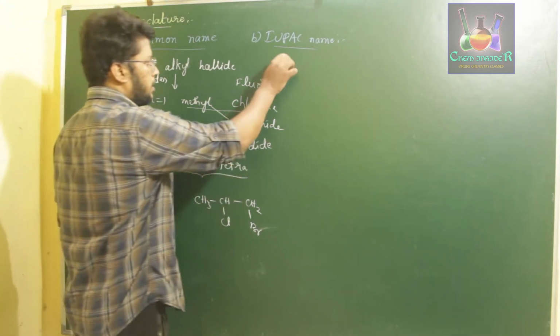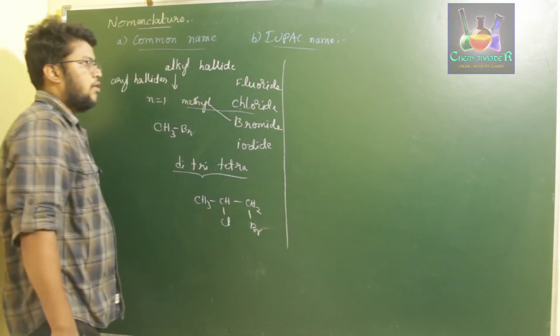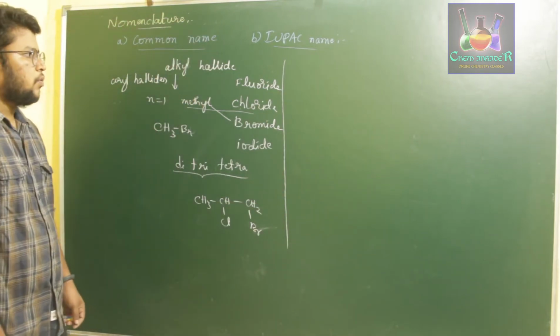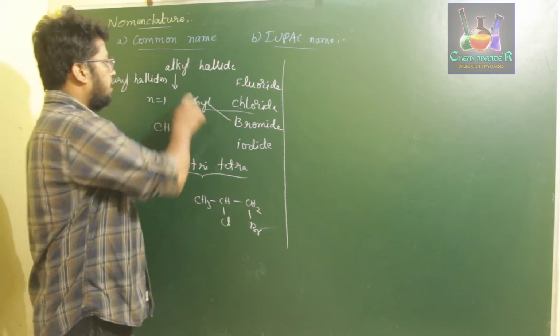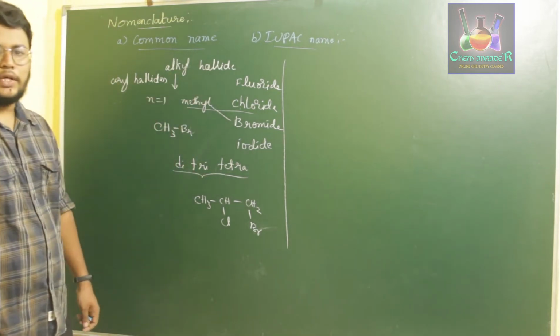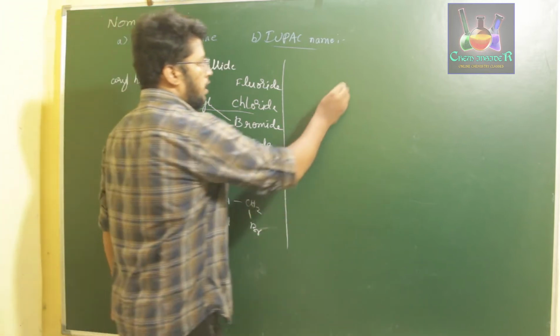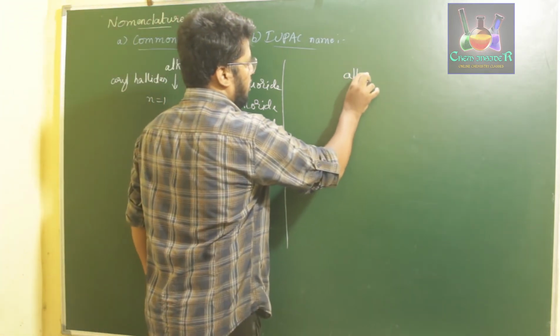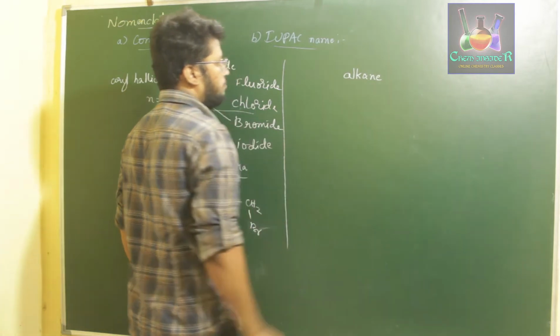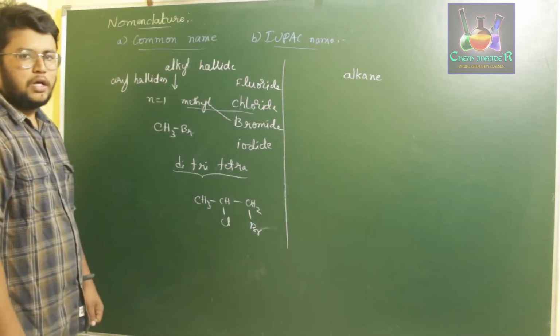For IUPAC nomenclature, instead of taking two different terms, we consider them as a single term, and we always consider our alkane group as our primary compound, the carbon atom chain.